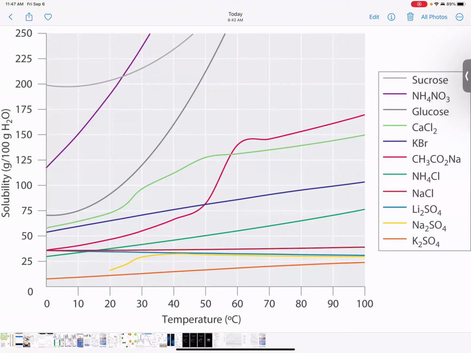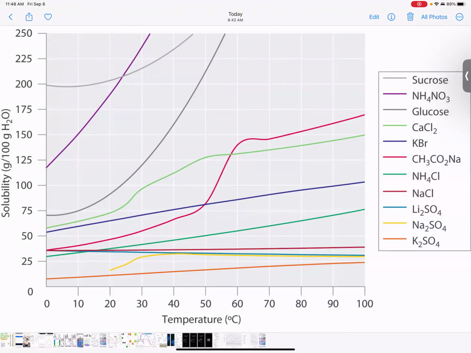To be able to use this graph, what am I going to have to do? I've got to double it. So yes, I have 150 grams of ammonium nitrate in 50 grams of water, but that means I have 300 grams of ammonium nitrate in 100 grams of water.